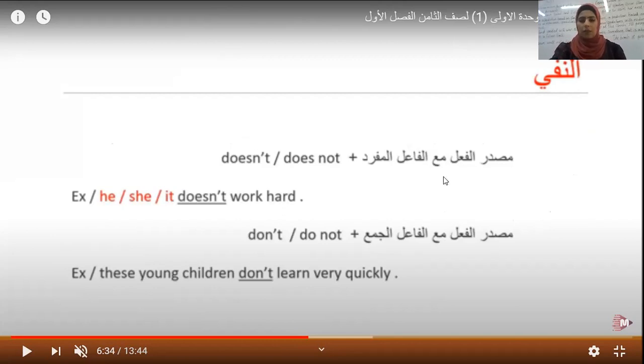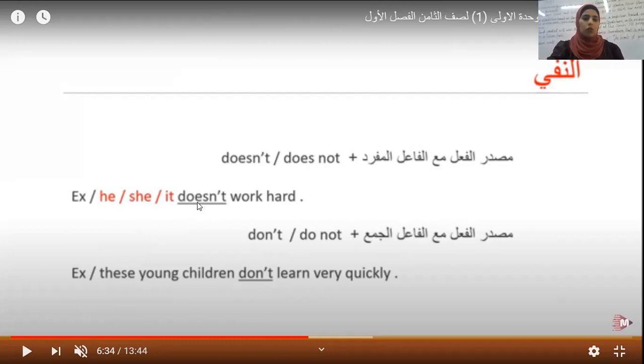Look at this. I can say she doesn't. I'm talking about negation, not the question. With negation, we use the subject if it's singular, like he, she, or it, with doesn't, because does is used with singular he, she, or it.